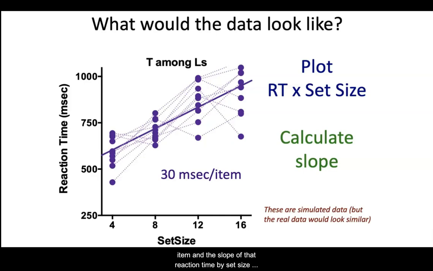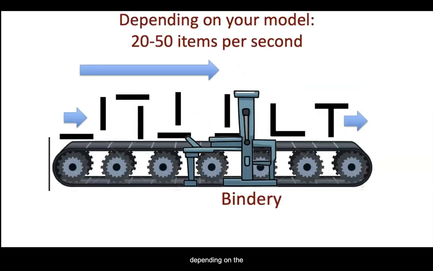And that slope, the slope of that reaction time by set size function, is an estimate of the rate at which you are moving through the L's in your search for a T. So depending on the particulars of your model, that would imply that somewhere between 20 and 50 items every second are going through this bindery and becoming recognizable as a T or an L.